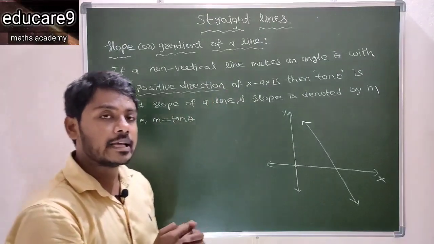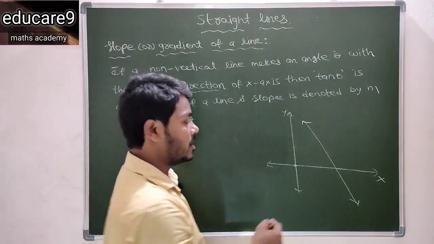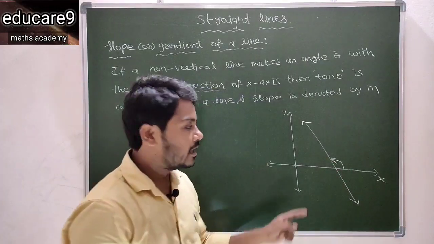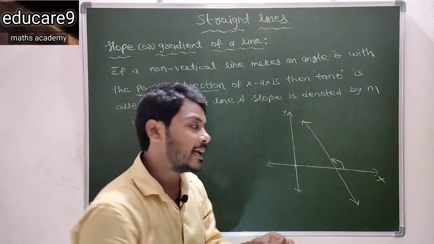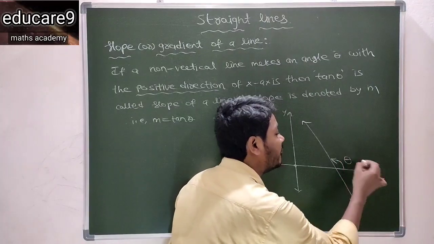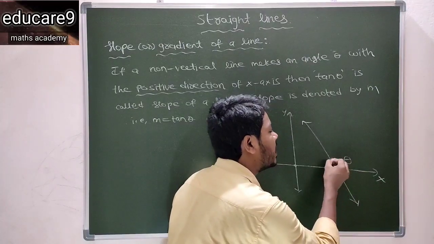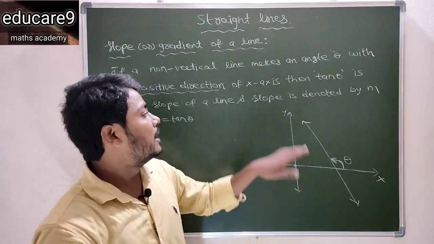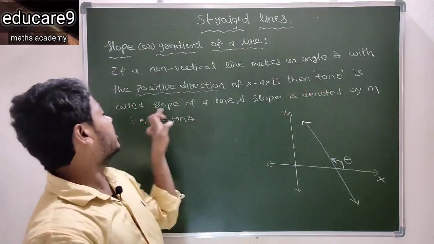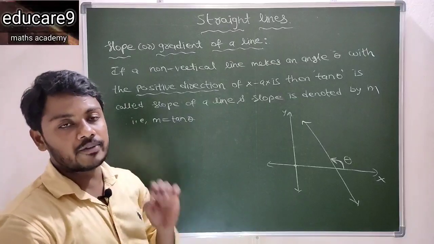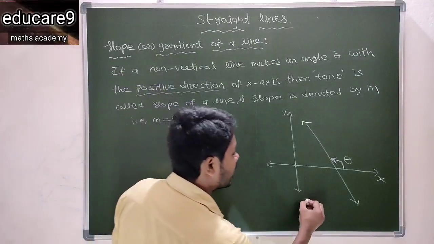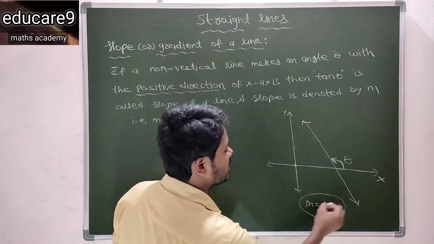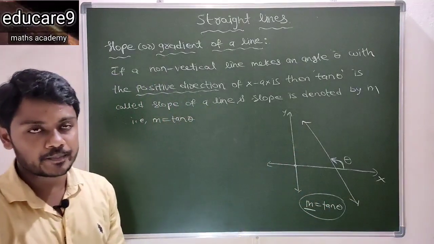Positive direction means anti-clockwise direction. So clearly this line makes an angle theta with the positive direction of the x-axis. Then tan theta is called the slope of a line, and the slope is denoted by m.